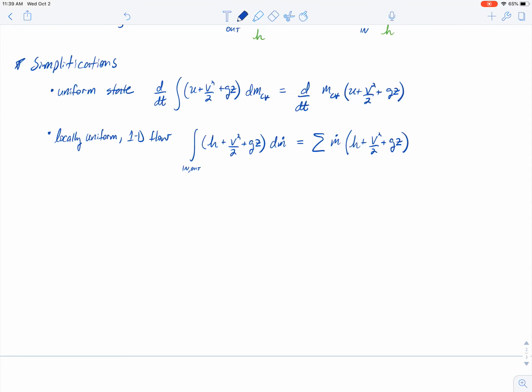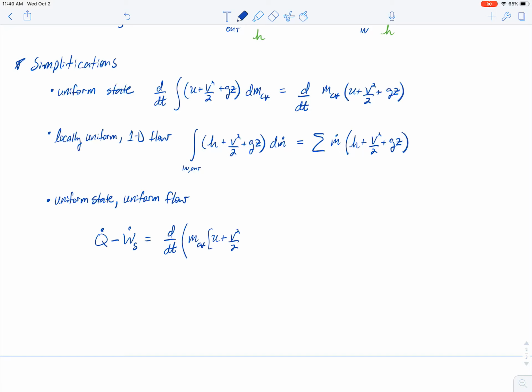Okay, so incorporating those, I would have uniform state, uniform flow. This makes my first law look like heat transfer work on the left-hand side, on the right-hand side, time rate of change of energy being stored in my control volume mass. How is it stored?